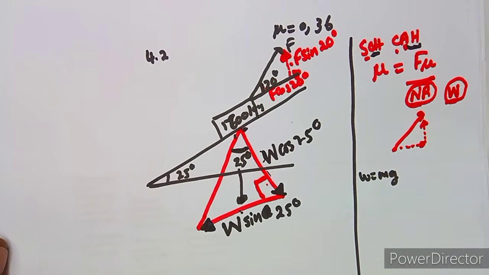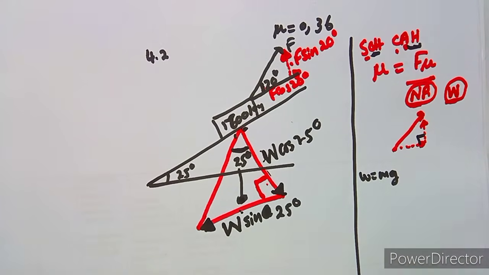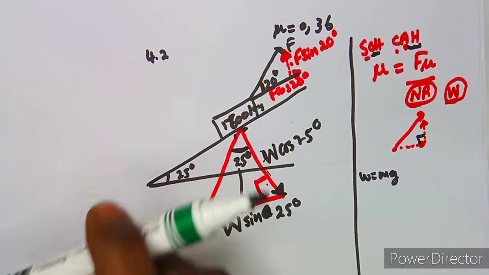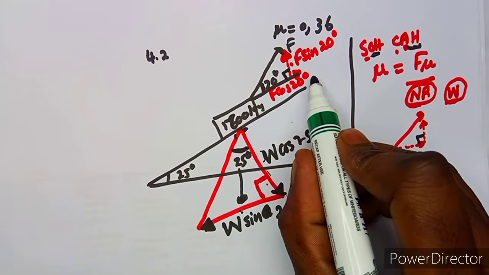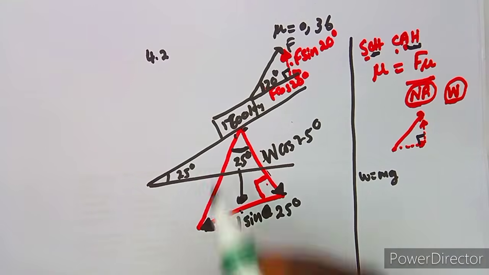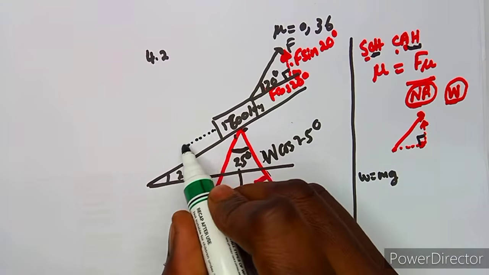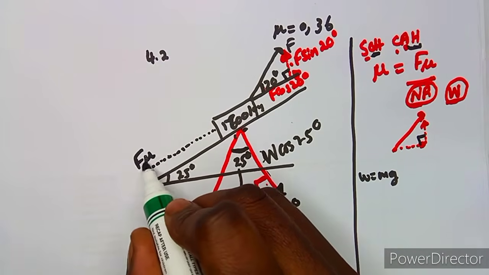So this is what is important. This one will be going to the 90 degrees, and this one will be from the 90 degrees. That is how you do it. This is our 90 degrees here, so this is going to the 90 degrees, and this one is from the 90 degrees. All right, and don't forget that we'll be having the frictional component in the other direction.